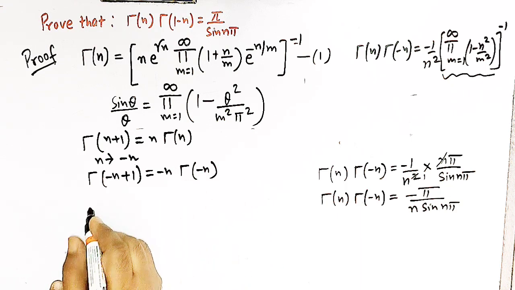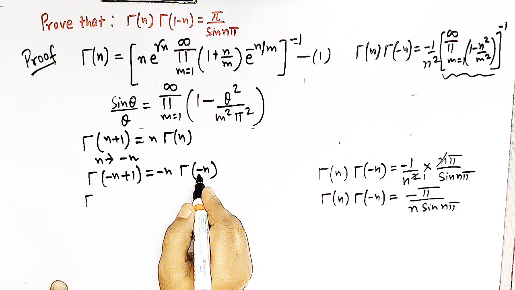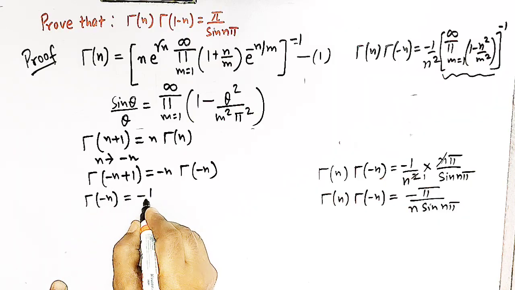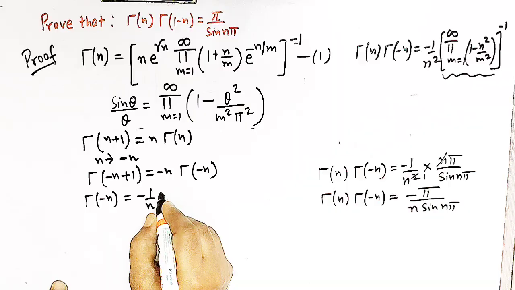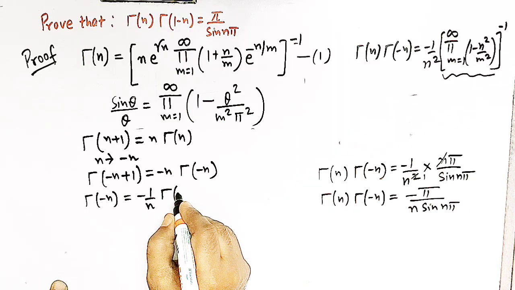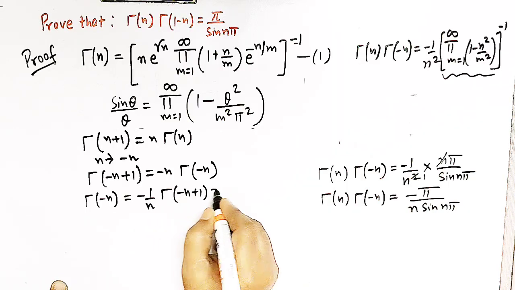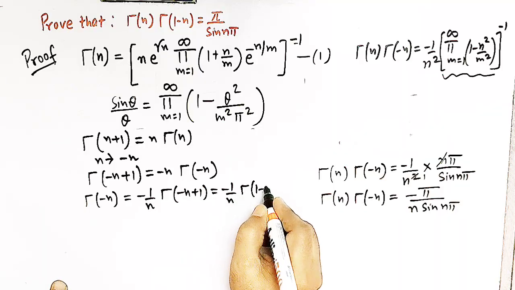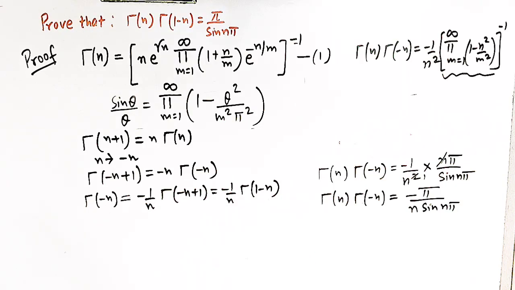So from here we can write the value of gamma minus n, that is minus 1 over n times gamma minus n plus 1, that is minus 1 over n times gamma 1 minus n, right?